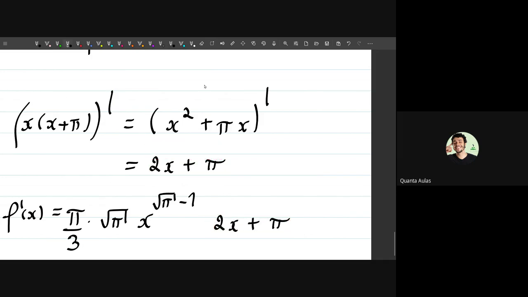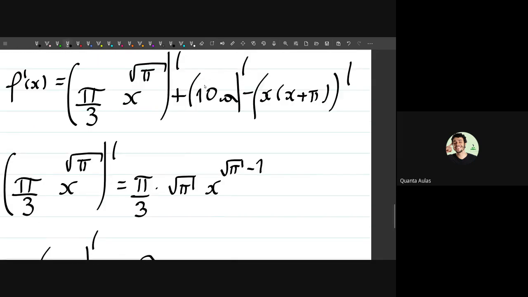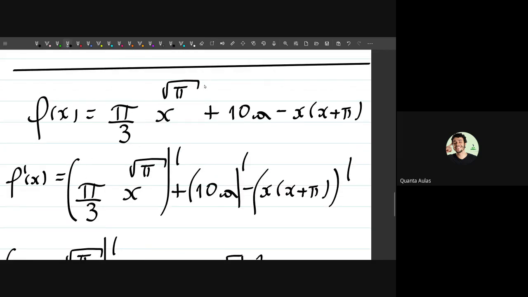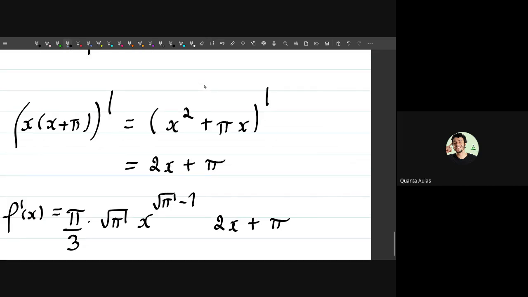But remember, I changed the sign, minus. We have minus here. So the minus needs to be in front of the two terms. All the terms you derive, okay? You cannot forget this. This is very important because the sign applies to all numbers, okay? So this is the derivative, very easy.